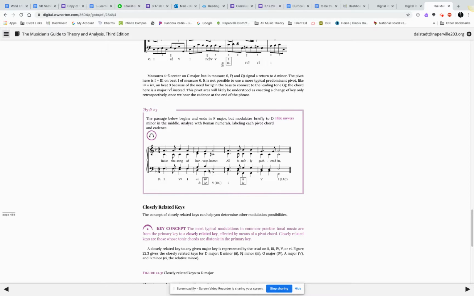If we were in F major and, wait, that's not F major. I'm confused, right? So we need to be able to identify F major and modulating to the key of D minor.